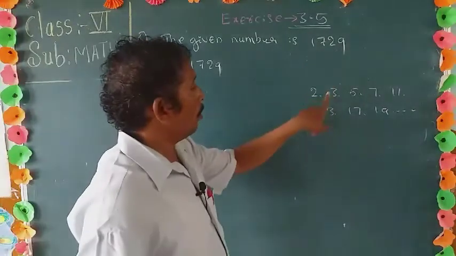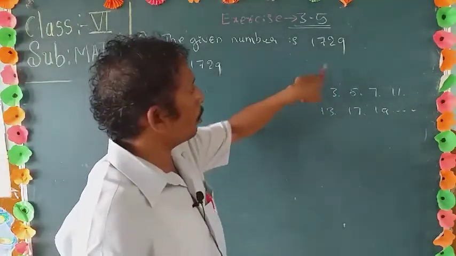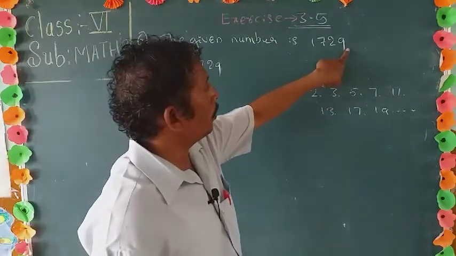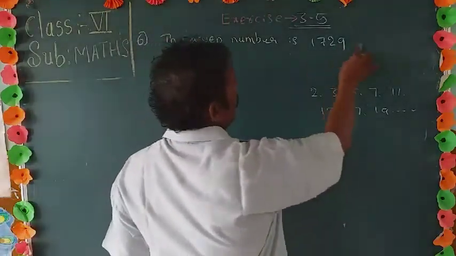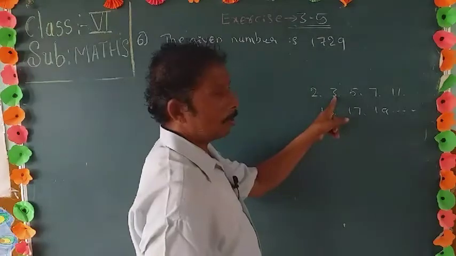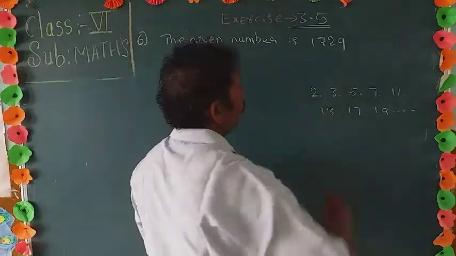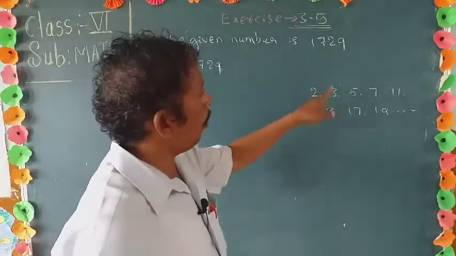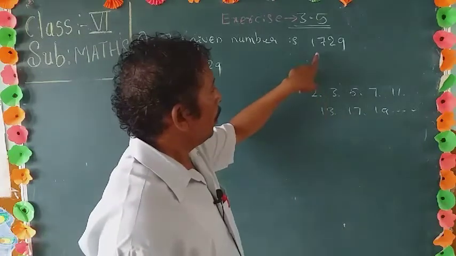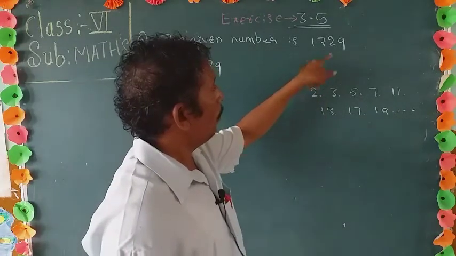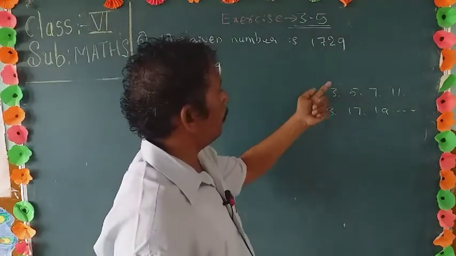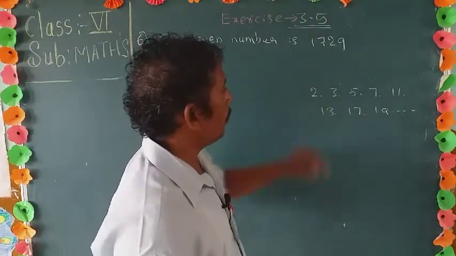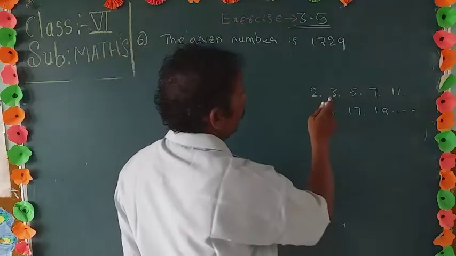This number is not divisible by 2 because it ends with an odd digit. And this number is also not divisible by 3, because we have studied the divisibility rule of 3.